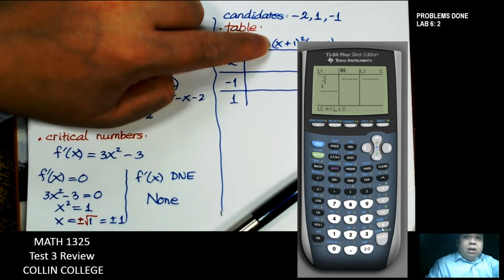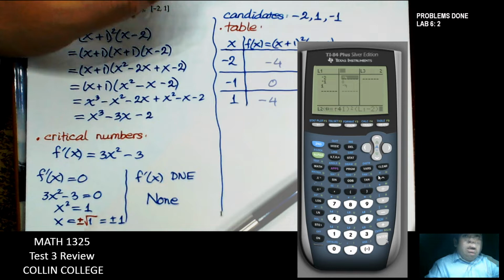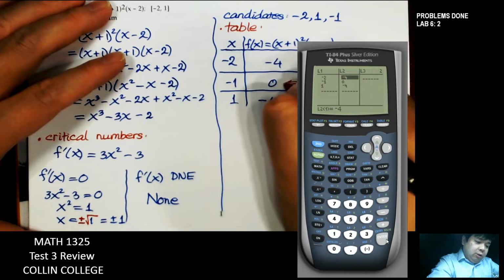L1 plus 1 squared, and then L1 minus 2. The maximum will be 0.